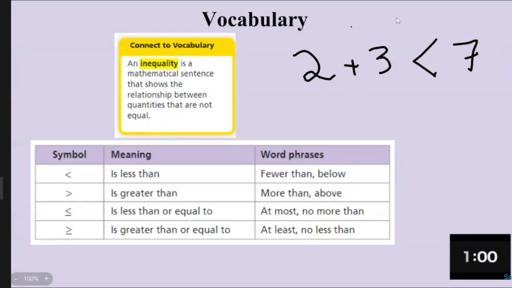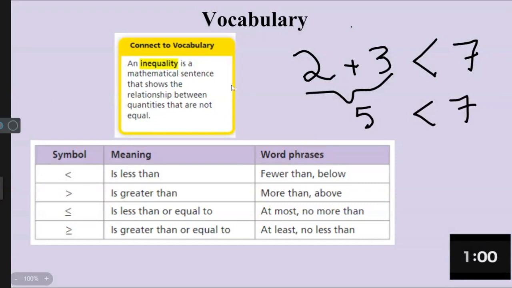In this case, we have two quantities. We have an expression on the left side, 2 plus 3, which is 5, and 5 is less than 7. This inequality statement is true because we know that 5 indeed is less than 7.